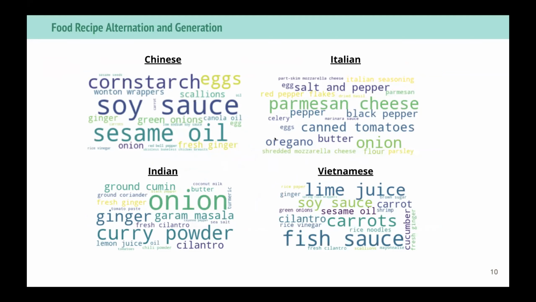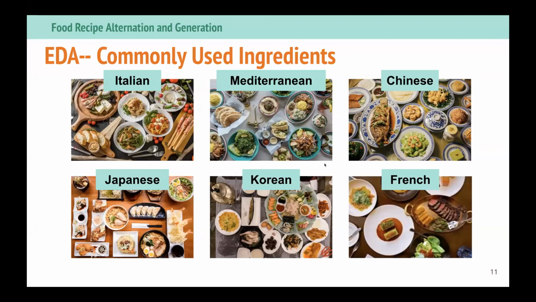And the Indian food here, the onions and the garlic powder, ginger are most commonly used. And for the Vietnamese, the fish sauce, lime juice. They are very different, and we can see some different usage of the ingredients in different culture.